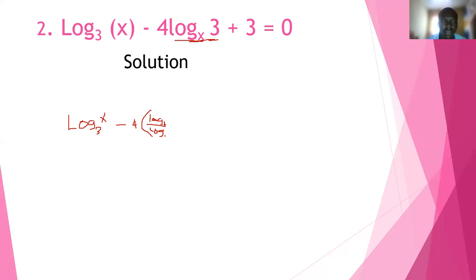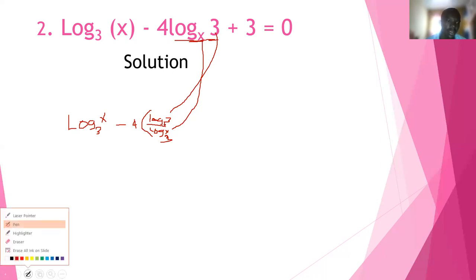So they are of the same basis. Then this 3 comes here, so we'll have log 3 base 3. Then this x comes here, so we'll have log x base 3. Just like that.